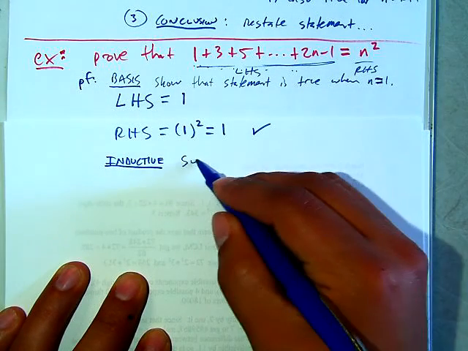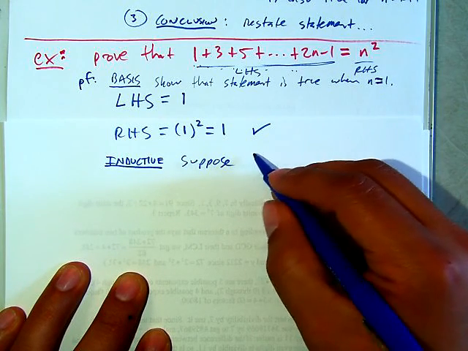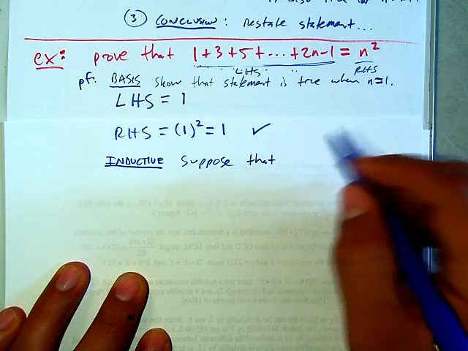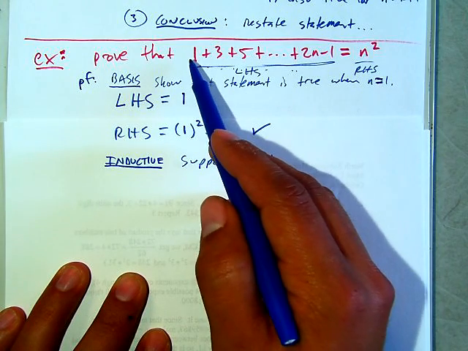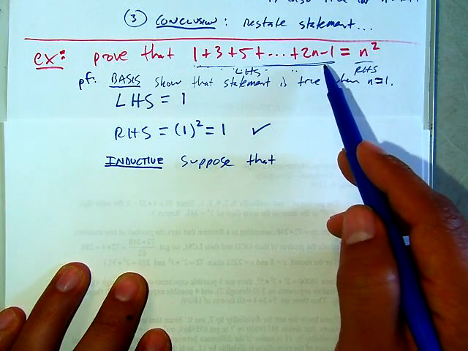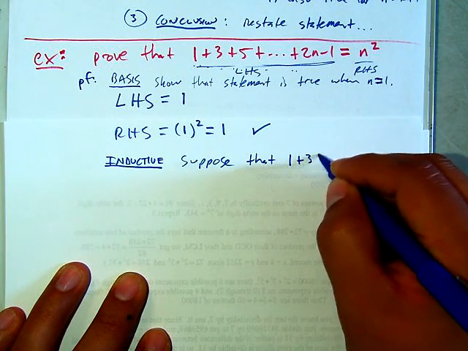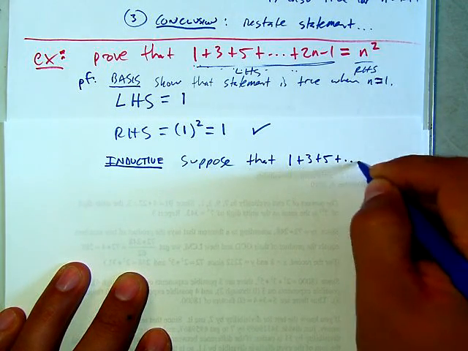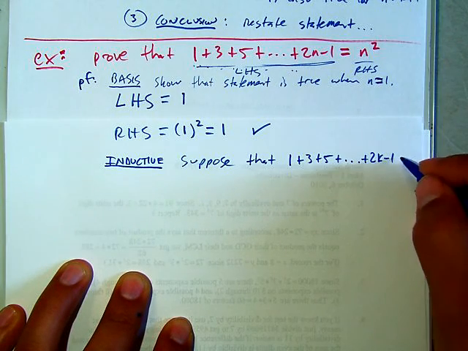So we're going to suppose that, and I'll just rewrite the statement now, that this is true when n equals k. If n equals k, then my statement turns into 1 plus 3 plus 5 plus etc. plus 2k minus 1 equals k squared.